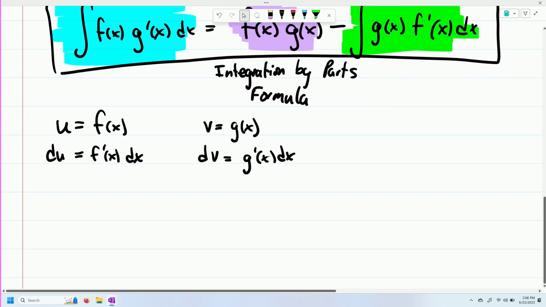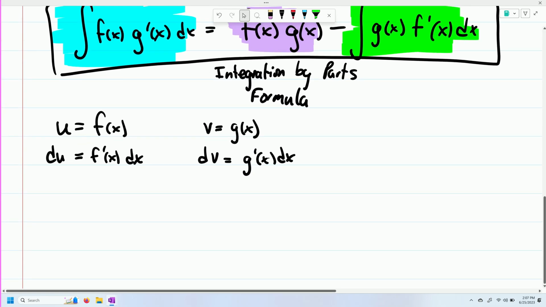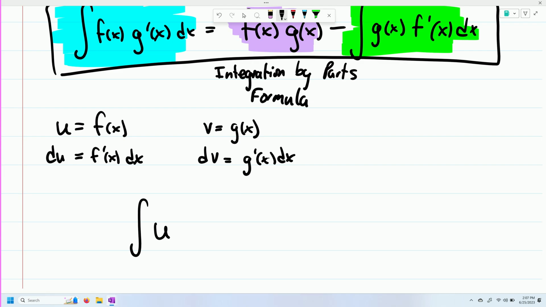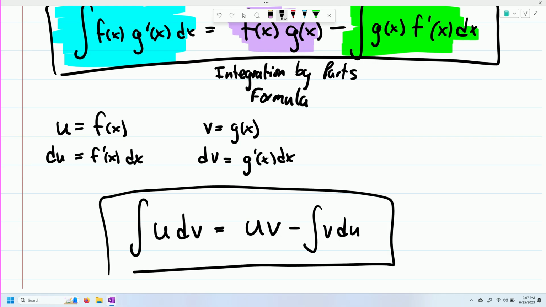So this entire formula up above just turns into the integral of u dv, which is equal to u times v minus the integral of v du. And this is what you've probably seen. If you've seen this before, this is what you would have seen in every single calc book that exists.